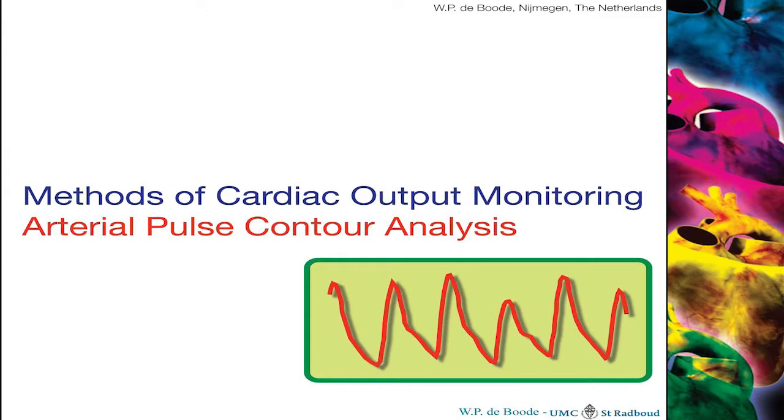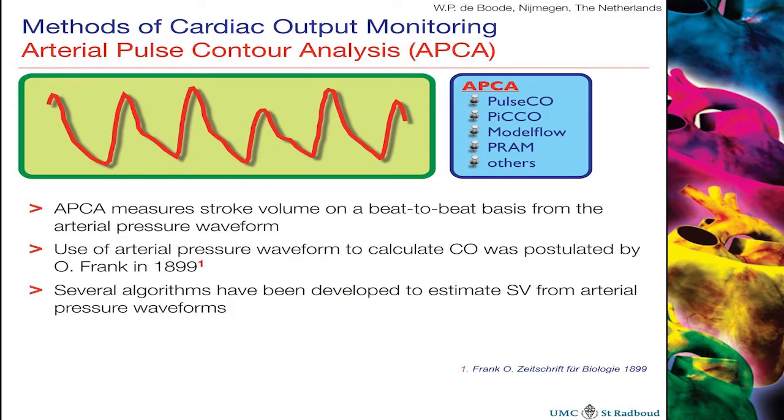That brings me to the arterial pulse contour analysis. This is also very interesting because we all know that we have the arterial pulse contour, and it was already postulated by Frank in 1899 that there must be a relation between cardiac output and the arterial pressure waveform.